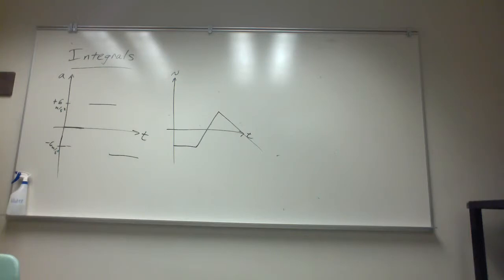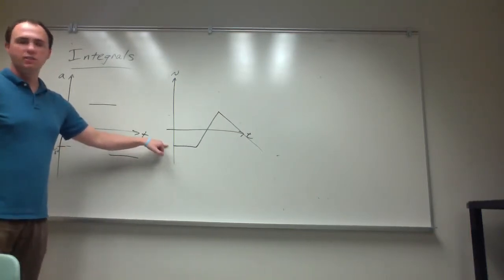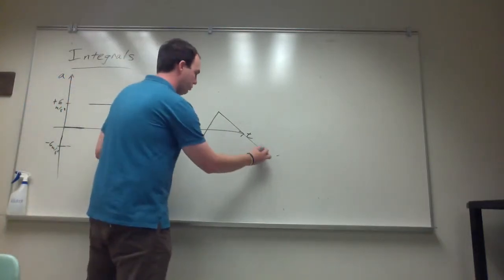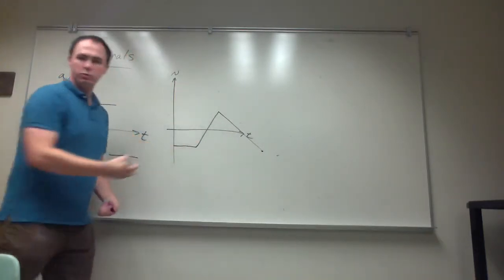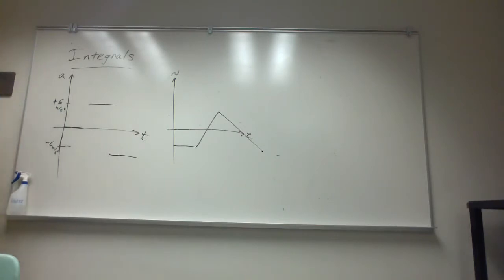Yes, so it started out at some velocity. Let's assume that we get back to this point, where the velocity is the same as where you started. So you started out going negative 5 meters per second or whatever, and at the end you're going negative 5 meters per second again. What would have to be true about the motion in order for that to happen?